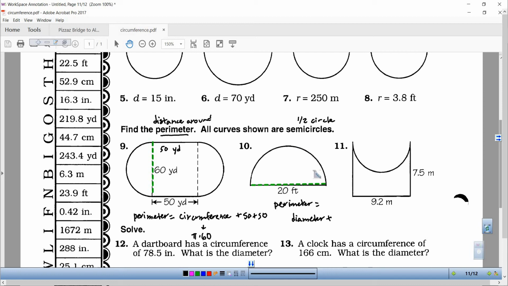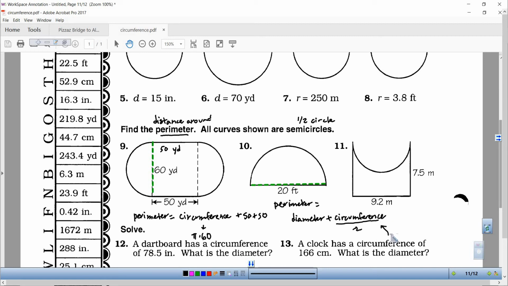Well, what do we have here? We don't have a whole circle. We have a half a circle, right? So plus the circumference, but we only want half of it, so we're going to divide by 2. So the diameter plus the circumference divided by 2.